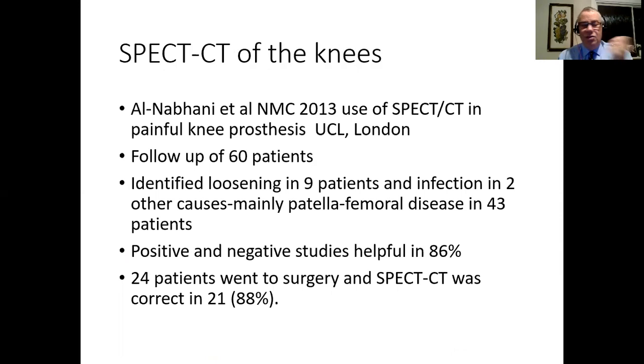What about the knees? Shall we move down to the knees? Again, this is some work that was published from University College London. They looked at 60 patients who had problems after knee prosthesis. Now, knee prostheses are common. Problems after knee prosthesis are common.